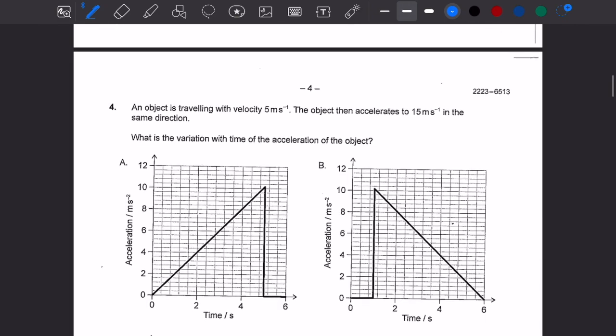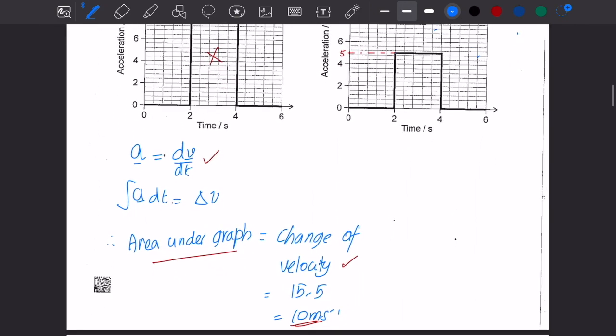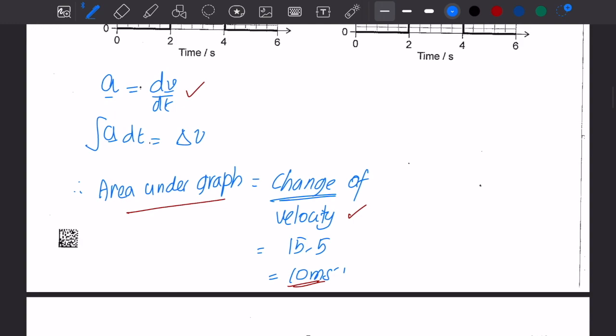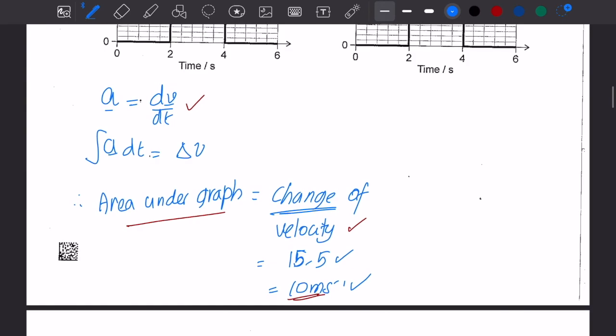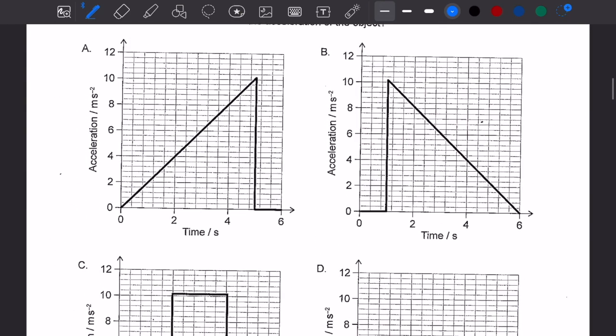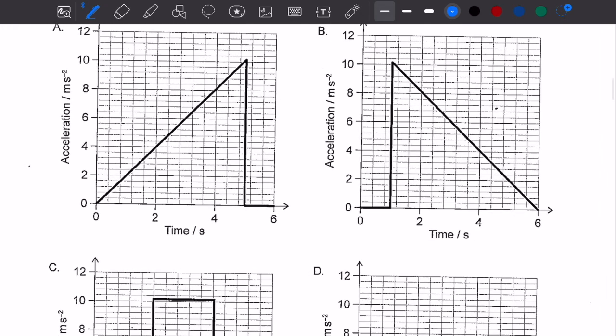Question number 4. First thing we have to understand is that the area under an acceleration time graph is the change of velocity. In this example, velocity changes from 5 to 15, so the change of velocity is 10 meters per second. Now we need to find which graph gives the area under the graph to be 10.